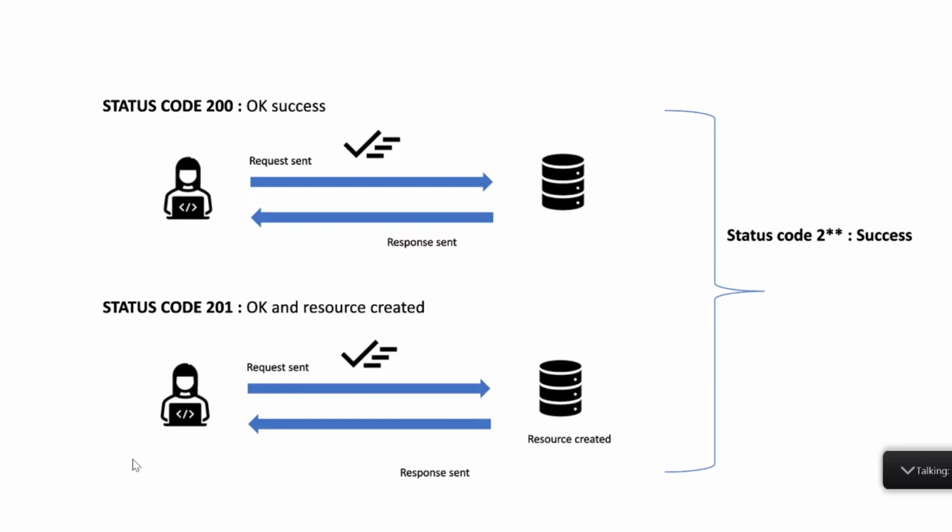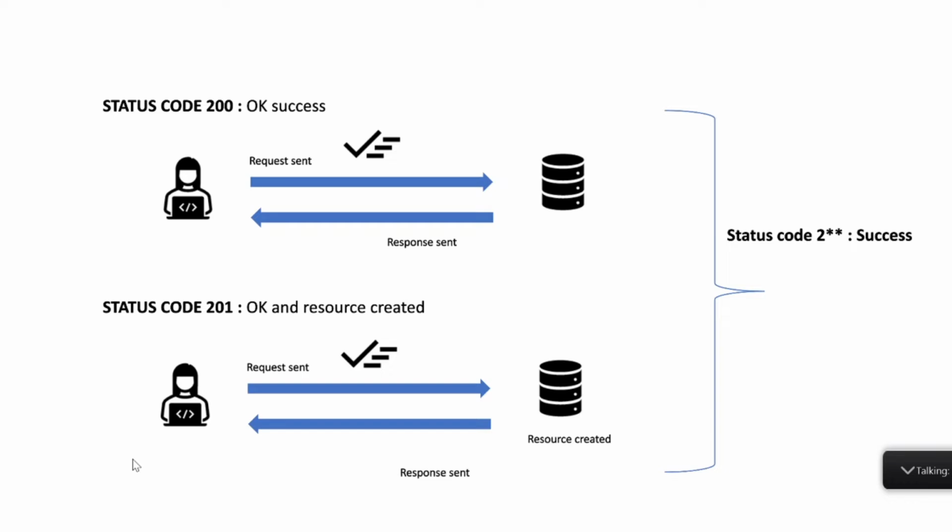First of all, status code 200. You know by now that if a status code starts with 2, that is a good sign. It means that you did something right and the server was able to process your request and then hopefully send you a response back.